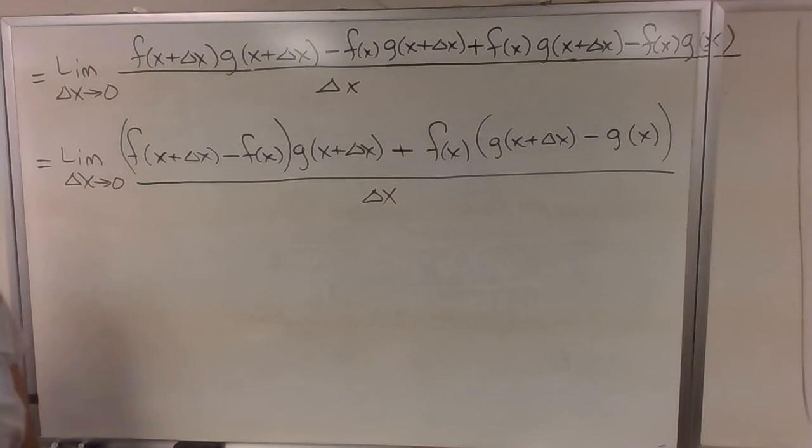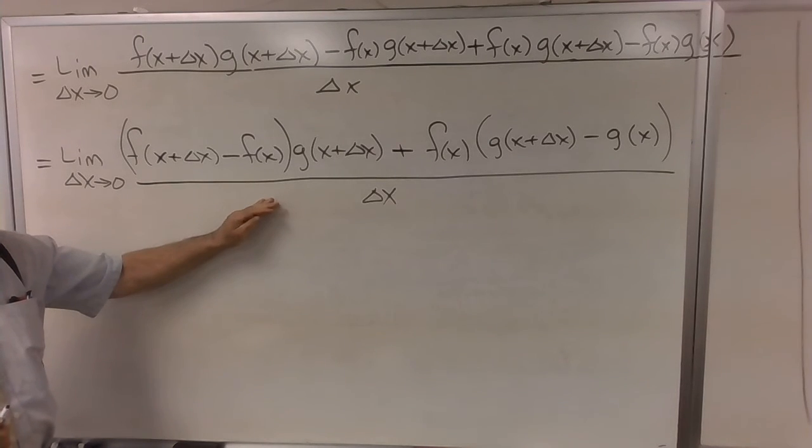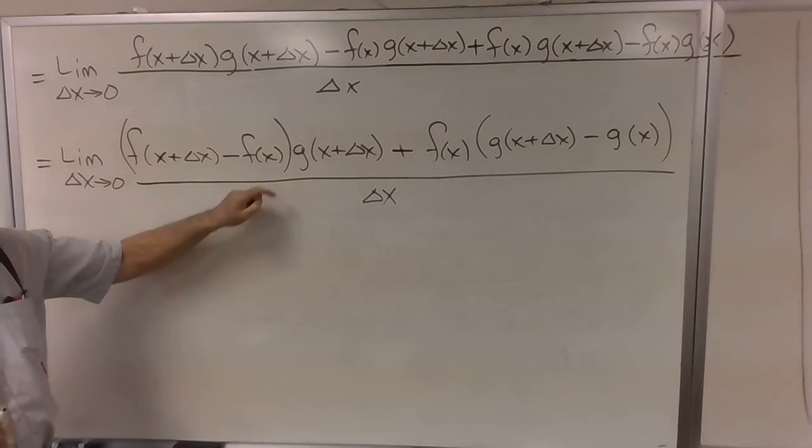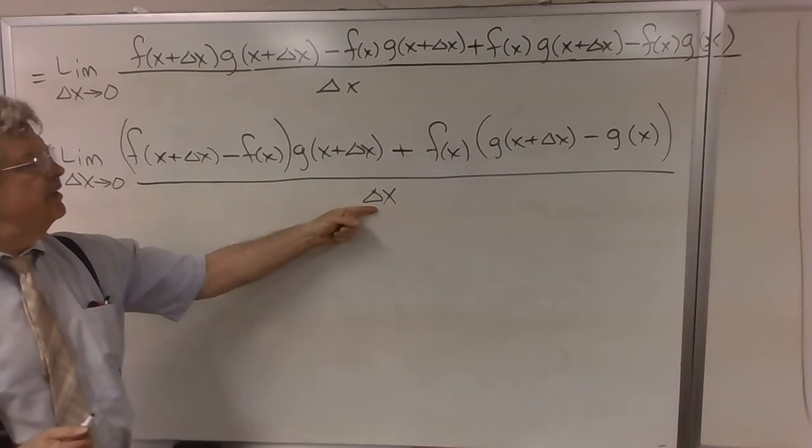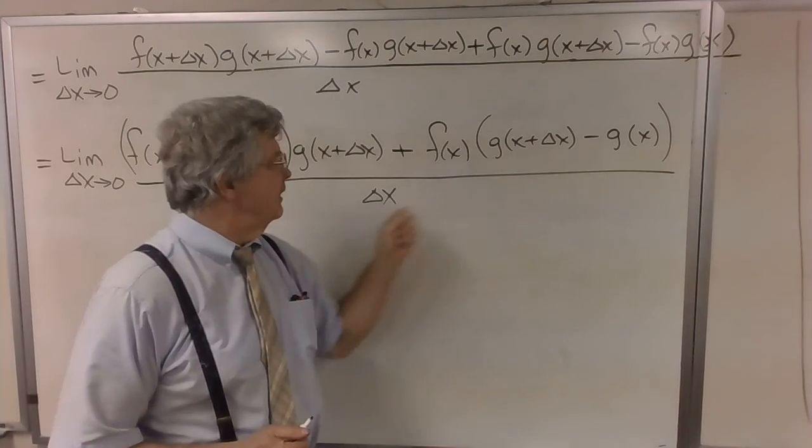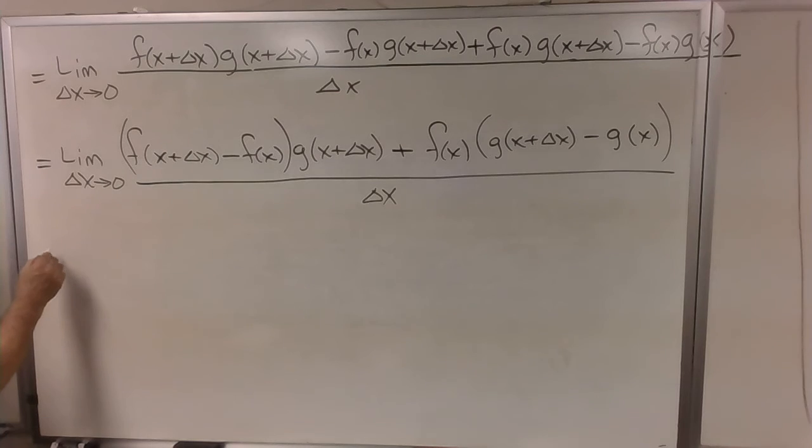And then I guess I'll break this up into two limits. This thing over delta x plus that thing over delta x.